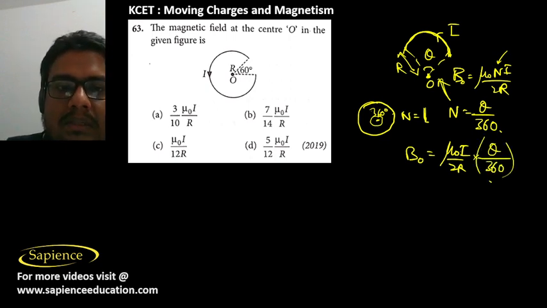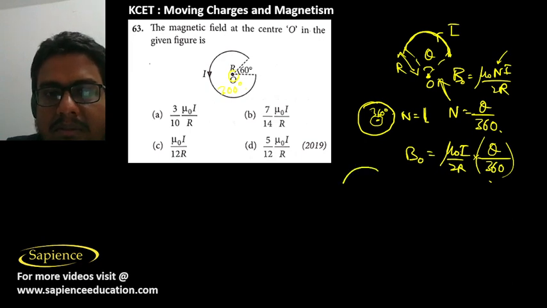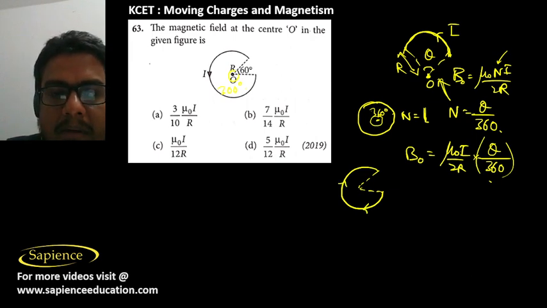Here we have to take this part, not 60 degrees, so this is 300 degrees. This circular part through which current is passing makes an angle of 300 degrees.